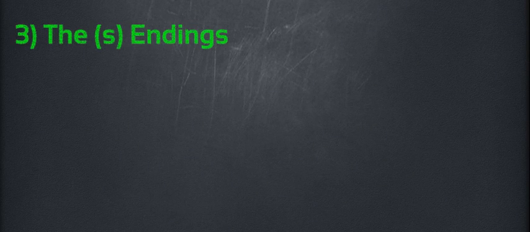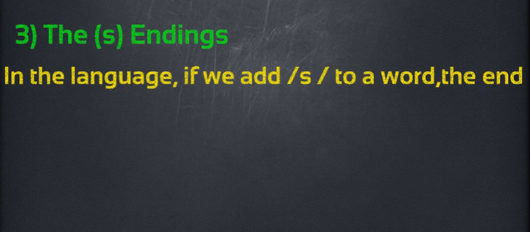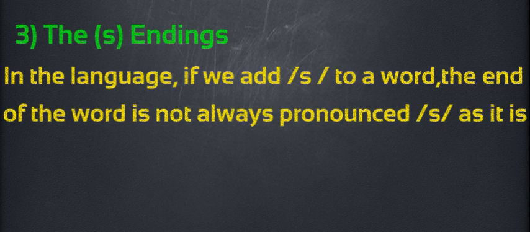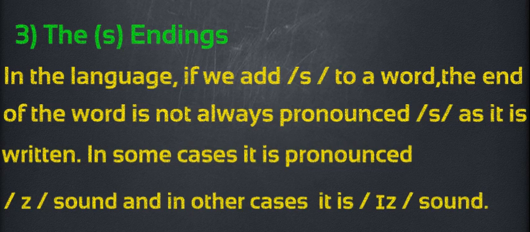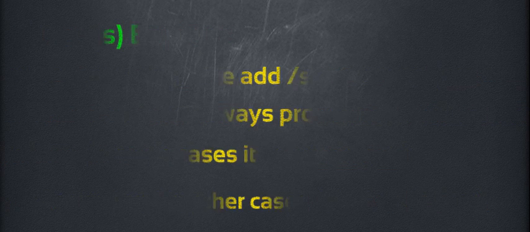The S endings. In the English language, if we add S to a word, the end of the word is not always pronounced S as it is written. In some cases, it is pronounced Z sound, and in other cases, it is S sound.